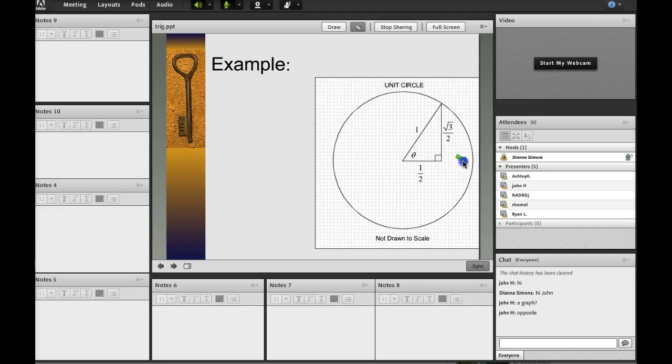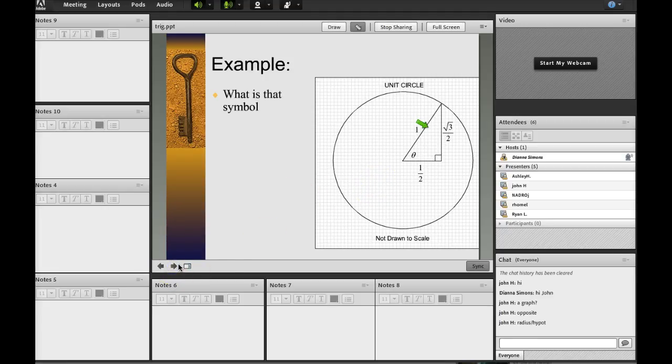But what we were just talking about, this is our initial side. And if I go up this way, what's this one called? Come on, guys. Terminal side.